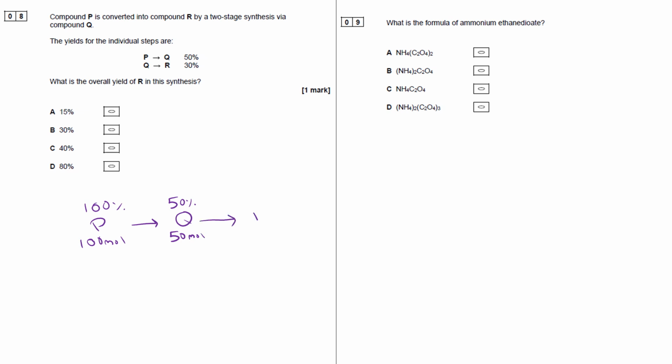When Q turns to R, you only get 30% yield in that second stage. So you had 50 moles in the second step, and you're only getting 30% of that left over. So basically, what is 30% of 50%? The answer would be A, 15%.